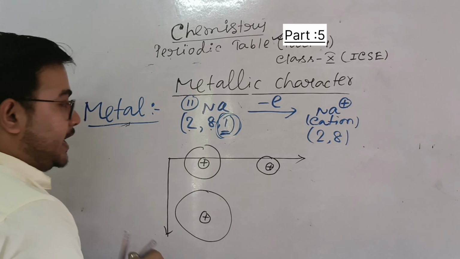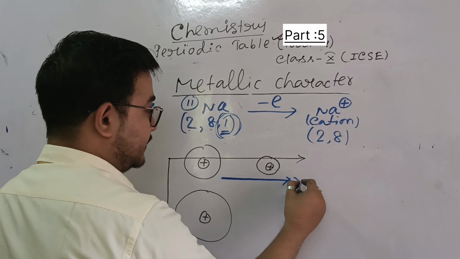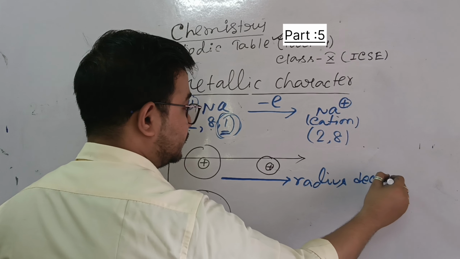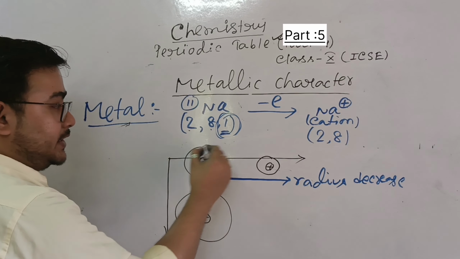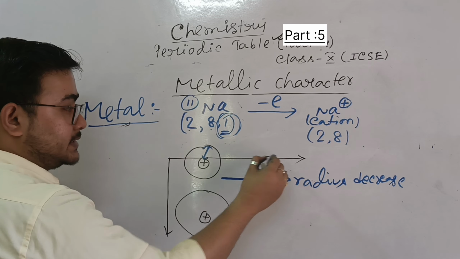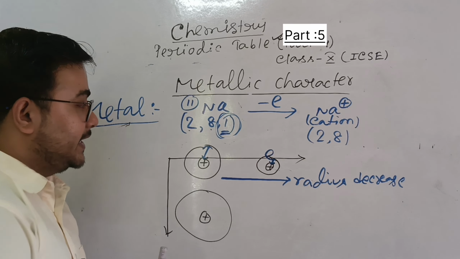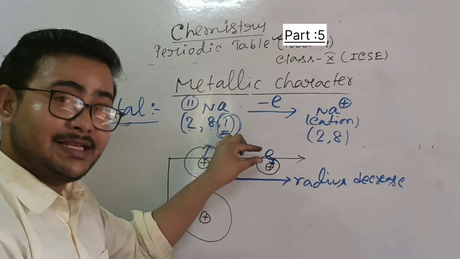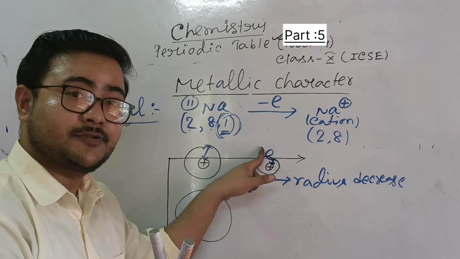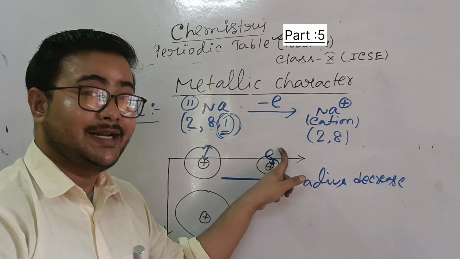So as we move left to right, since the radius decreases, the distance here is less. I discussed this topic already. Since the distance is less, the nucleus attracts this electron with more force. We cannot remove this electron, so metallic character decreases.